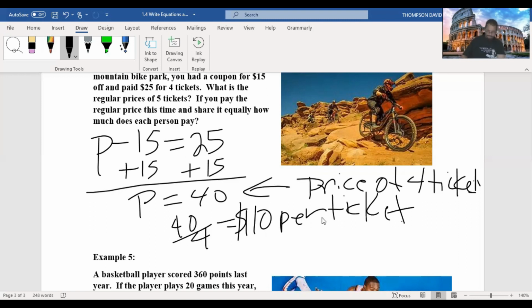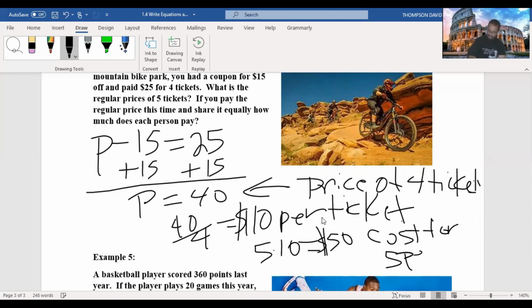So for 5 people, we just do 5 times 10. This gives me $50. And each person, again, is paying $10 per ticket. So the cost for 5 people is $50. And we are done with the mountain biking question.